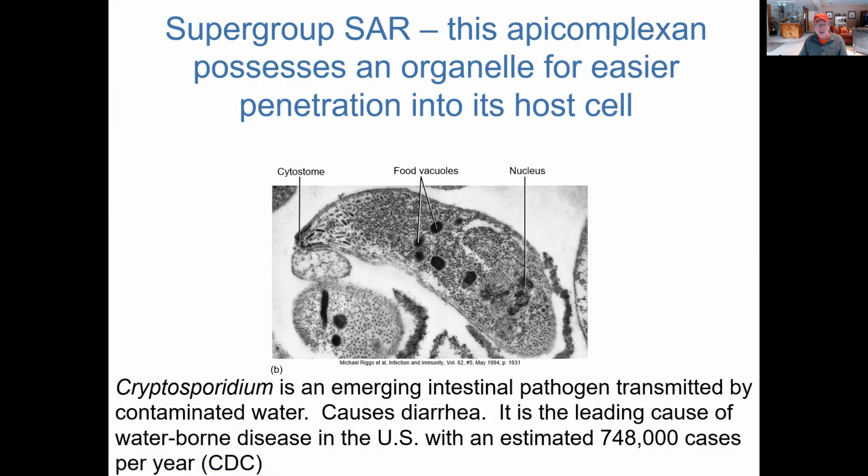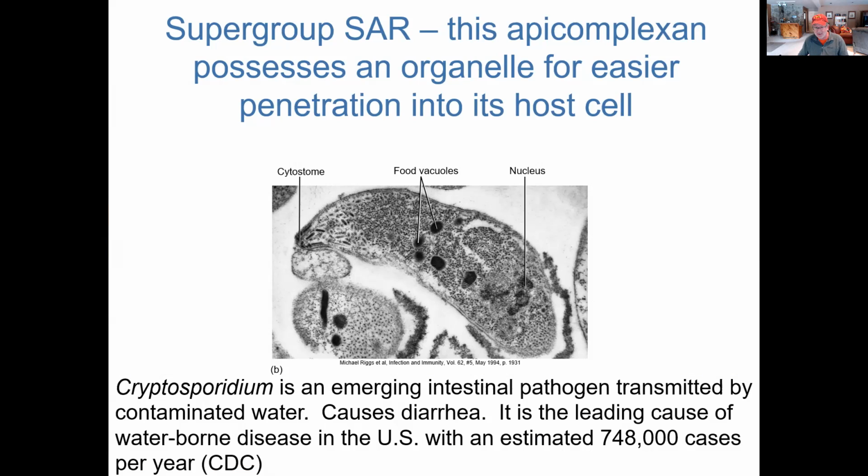So Cryptosporidium is one of those that was listed in that preceding table. And this particular epicomplexan is a free-living organism that lives in water. And if you happen to ingest water that contains the protist Cryptosporidium, you can come down with some really, really bad diarrhea.